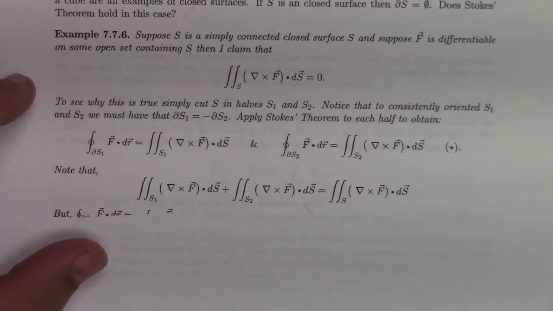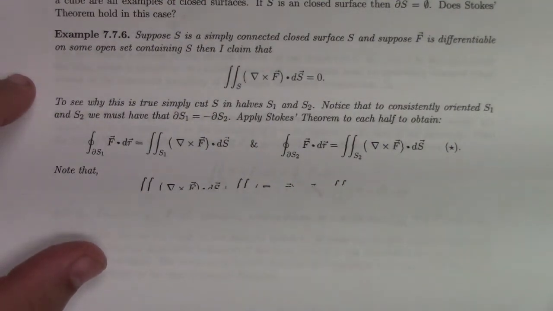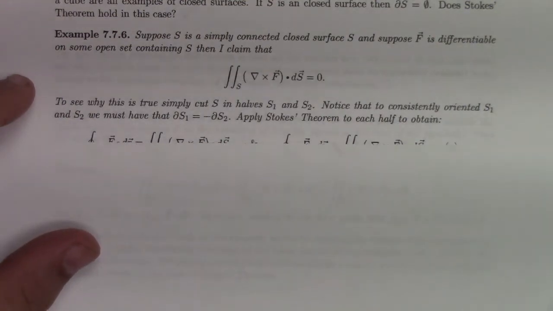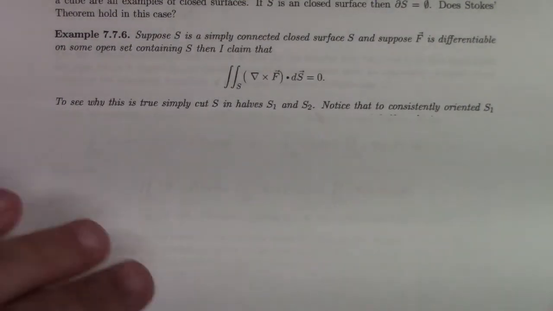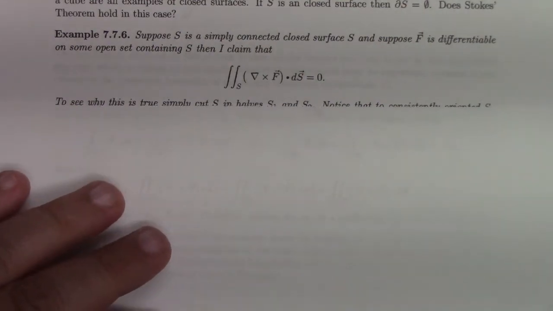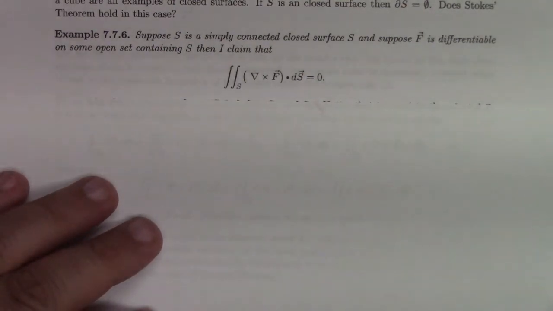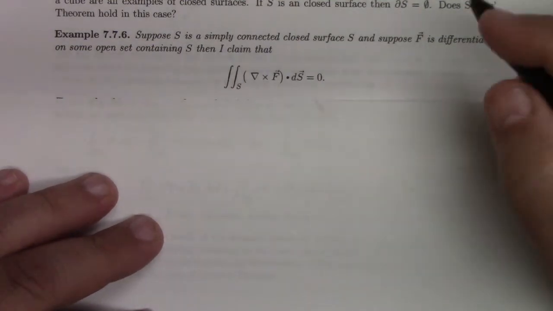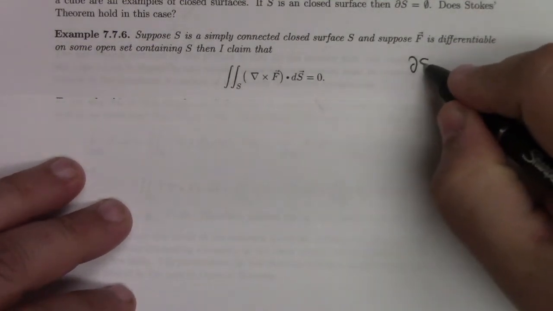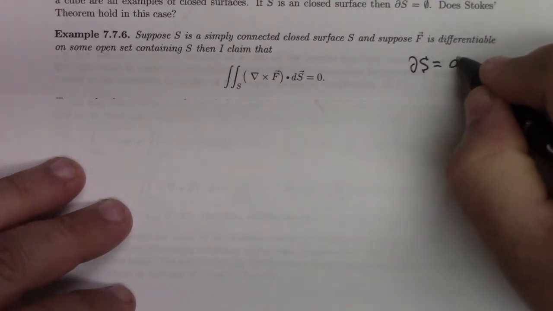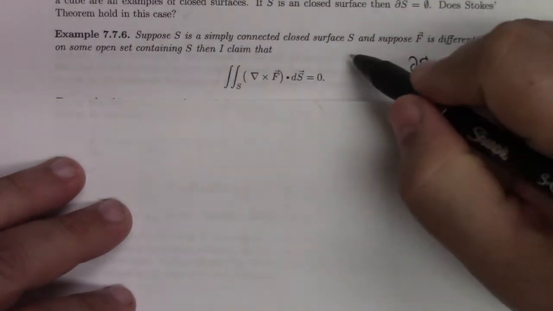If you add them together, then you get that the integral of the curl over the closed sphere is 0. And this is saying that if you have any closed surface, and f is differentiable on some open set containing the surface, then the integral over that closed surface is 0. A closed surface is one for which the boundary is empty. All right, closed.